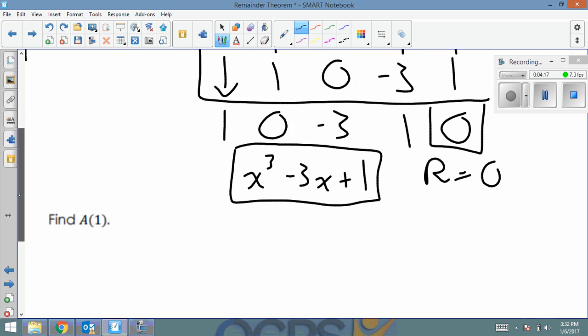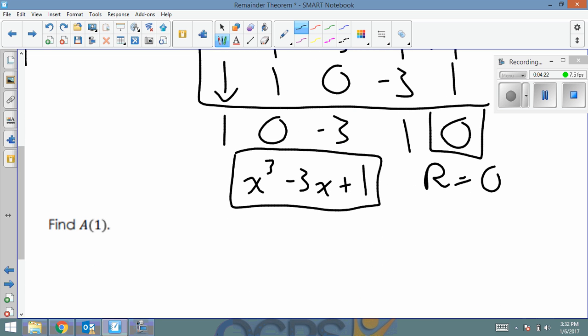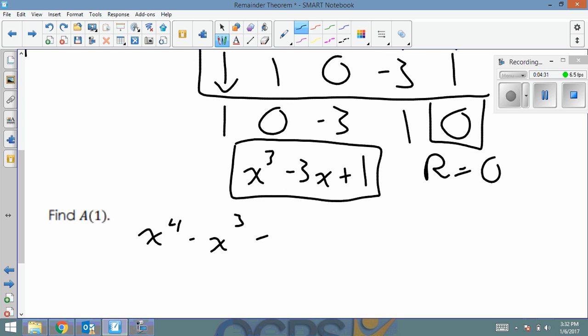It says find a of 1, using the a of x equation, which is x to the 4th minus x cubed minus 3x squared plus 4x minus 1.